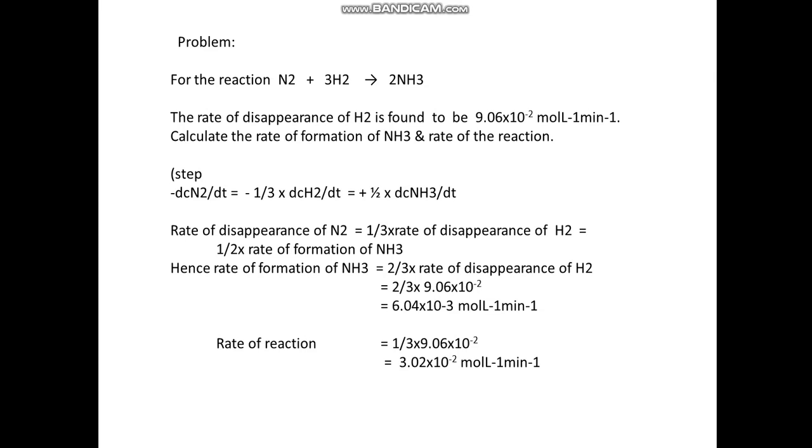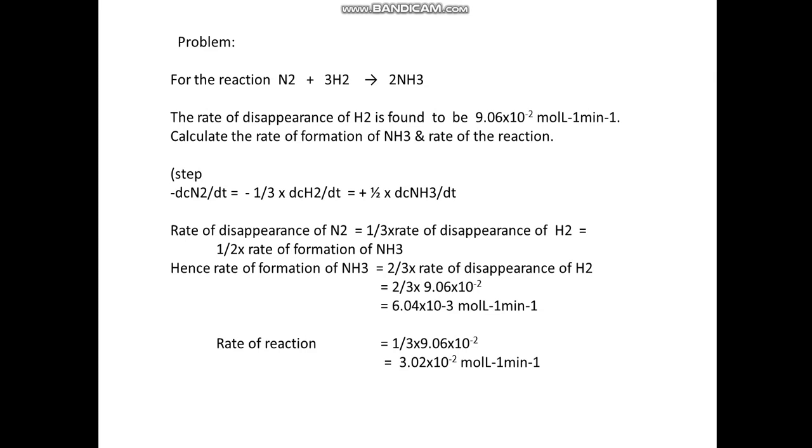We can represent it as: rate of disappearance of nitrogen is equal to 1 by 3 into the rate of disappearance of hydrogen, that is equal to 1 by 2 into the rate of formation of ammonia.